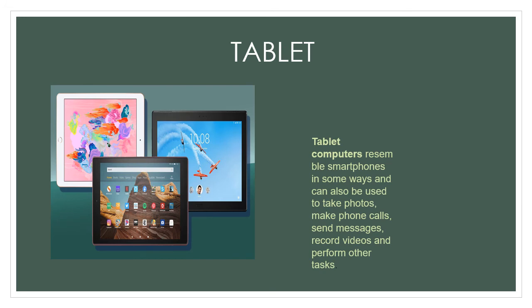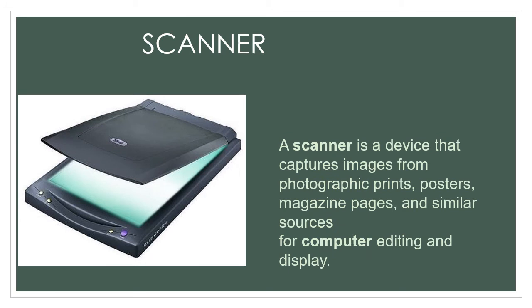Tablet. Tablet is an input device. These are useful in online teaching scenarios or even during online discussion to explain a point. Scanner is an input device. It is used to get the digital version of physical objects. It is a scanner that helps make a digital copy of documents.